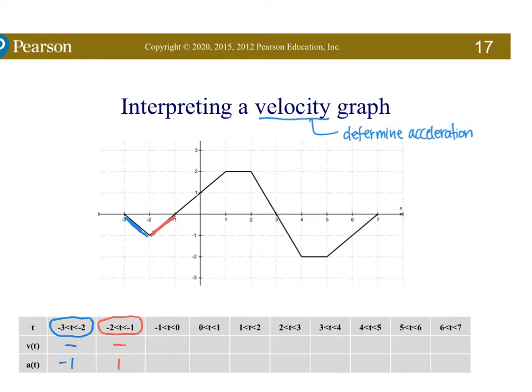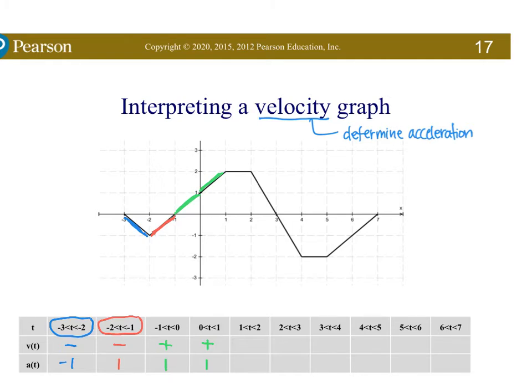The next section, from -1 to 0, has now moved to be above the x-axis, so I'm going to put a plus there, but its slope continues to be +1. From 0 to 1 is also above the x-axis, and its slope continues to be +1.